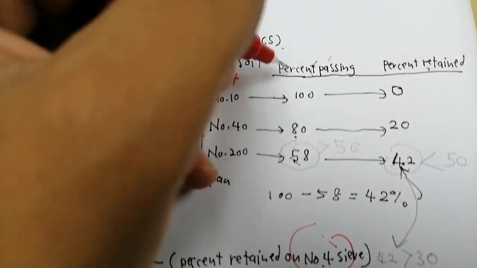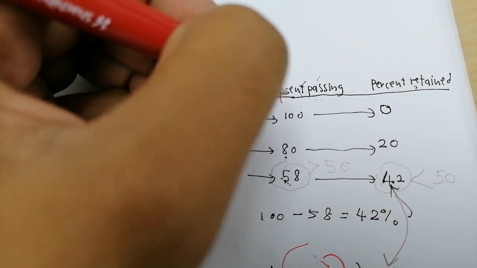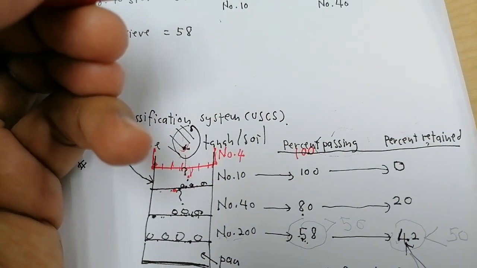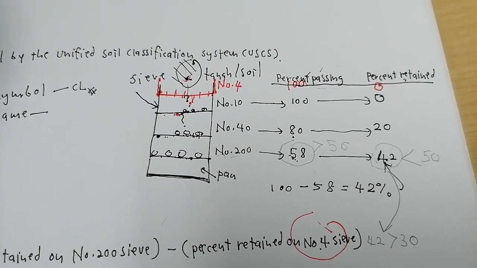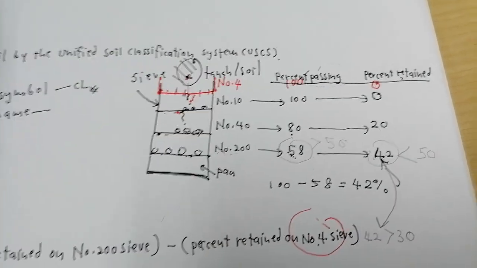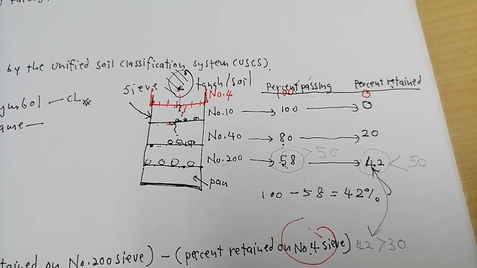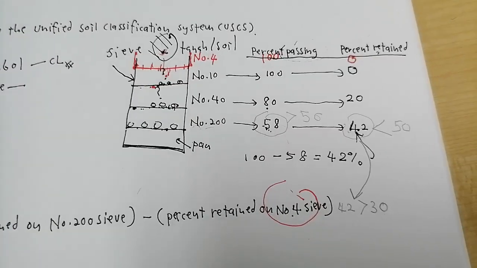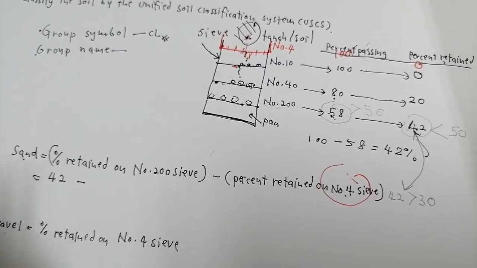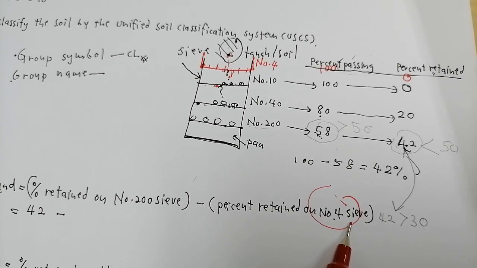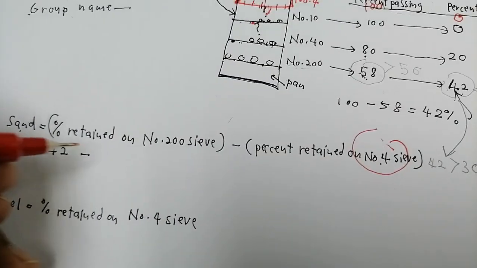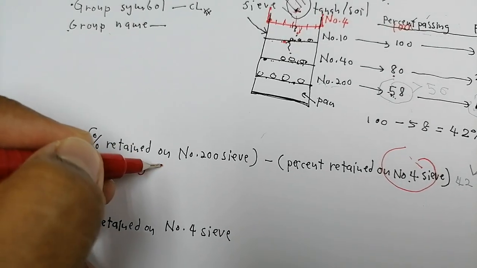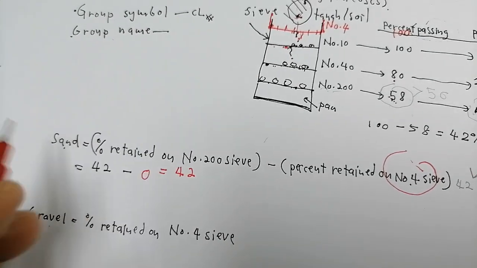Betul? So, dia akan sama. Percent passing is also 100. Okay, so percent retain is 0. Okay? If you don't understand, please let me know. Please personal message me. Okay? So, percent retain dekat sini on number 4 sieve is 0. Okay, so therefore sand is 42.